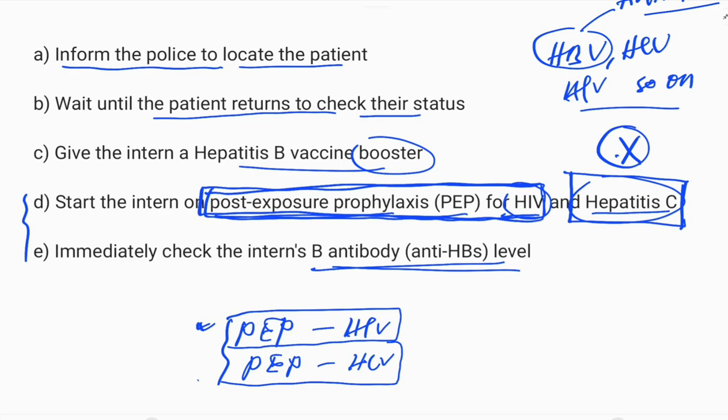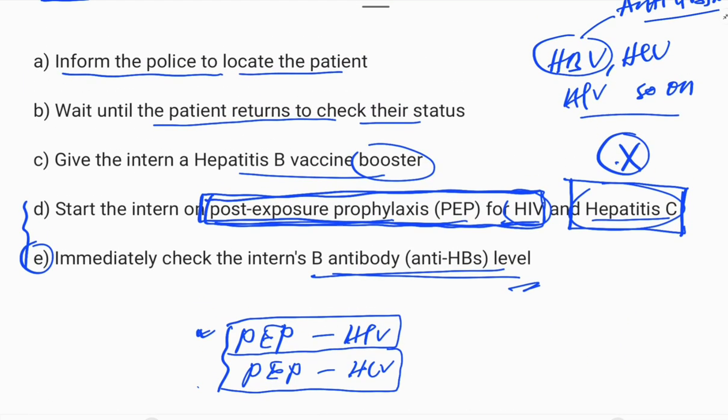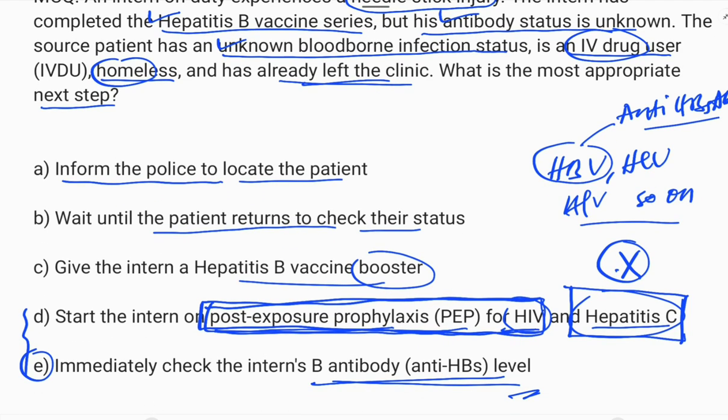So better we can go for option E, immediately check the intern's anti-HBs antibody level. So this is the answer of this question.